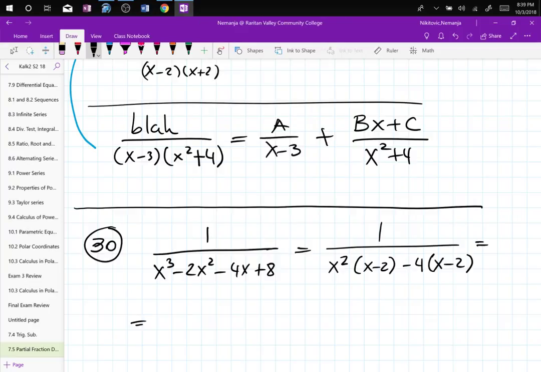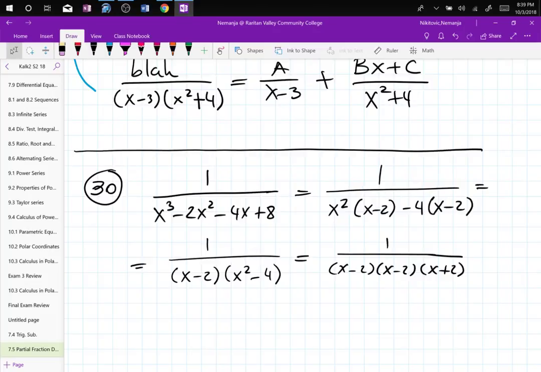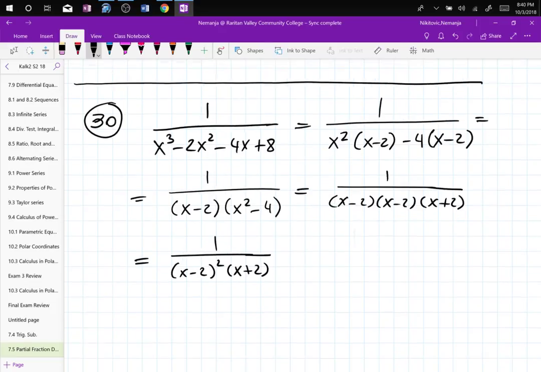And now, 1 over, factor out x minus 2 to get x squared minus 4. Whew, x squared minus 4 factors. But then you have x minus 2, so that's going to be squared. So it's repeated again. So we have x minus 2, and then another x minus 2, and then x plus 2. So the final version is x minus 2 squared, x plus 2. Wow, all that work just to factor.